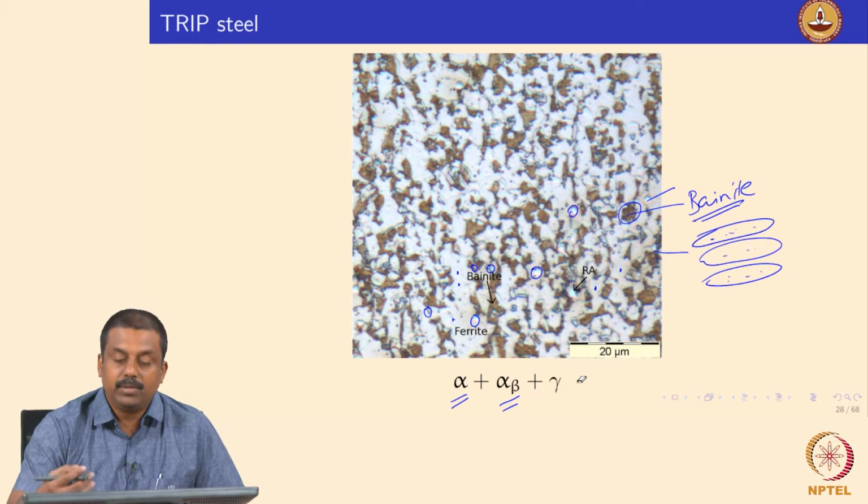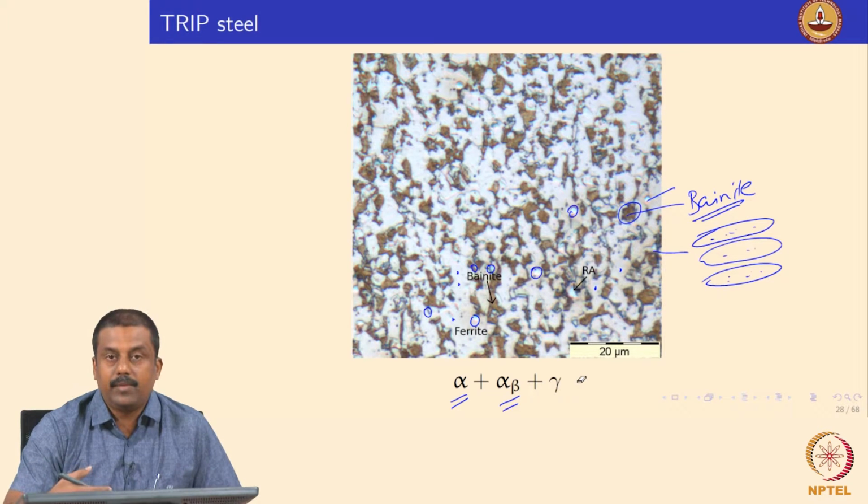So how? Suppose you make a component out of TRIP steel and you have retained austenite in the microstructure, and if an automobile is subjected to a crash load, the austenite transforms to martensite during this deformation, thereby absorbing the load. The material becomes stronger during this crash because of the formation of martensite from austenite.